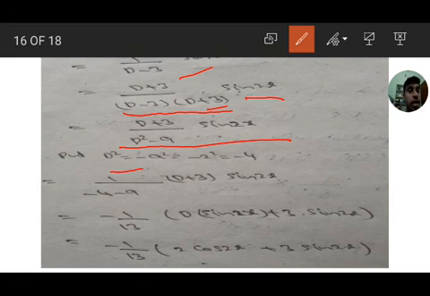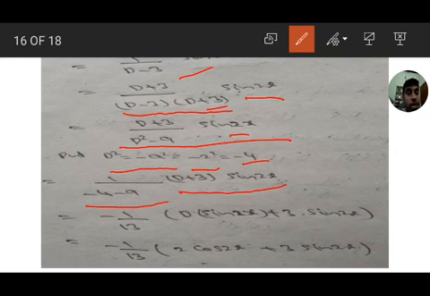Again substituting D² = -a², a means here 2, -2² is -4. Minus 1 by (4 + 9) (D + 3) of sin 2x. So -4 - 9 is -13, D of (D + 3) sin 2x means derivative of sin 2x plus 3 into sin 2x.